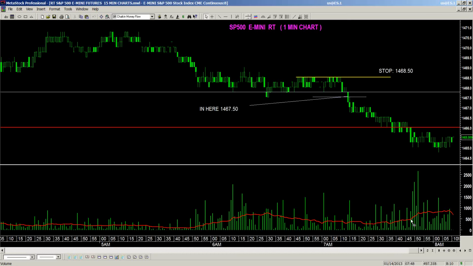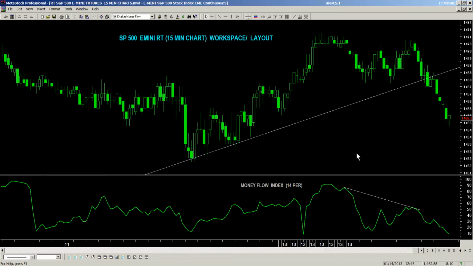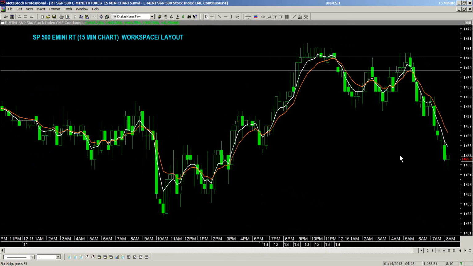8:10 a.m. Eastern Standard on January 14th, 2013. Money flow index is still in our favor.